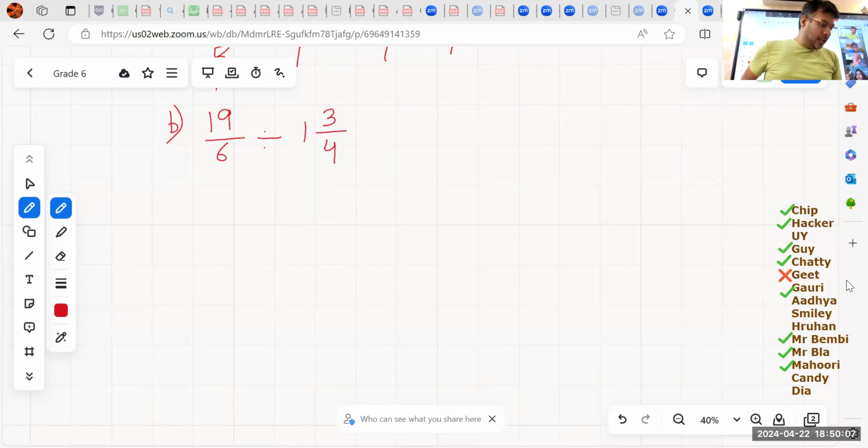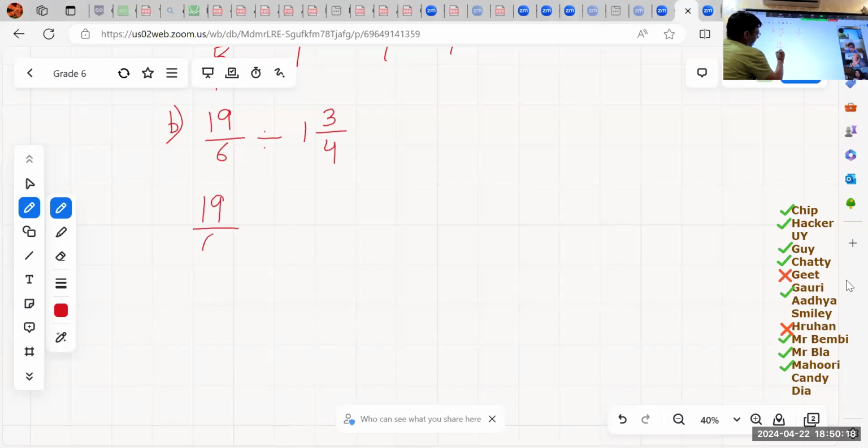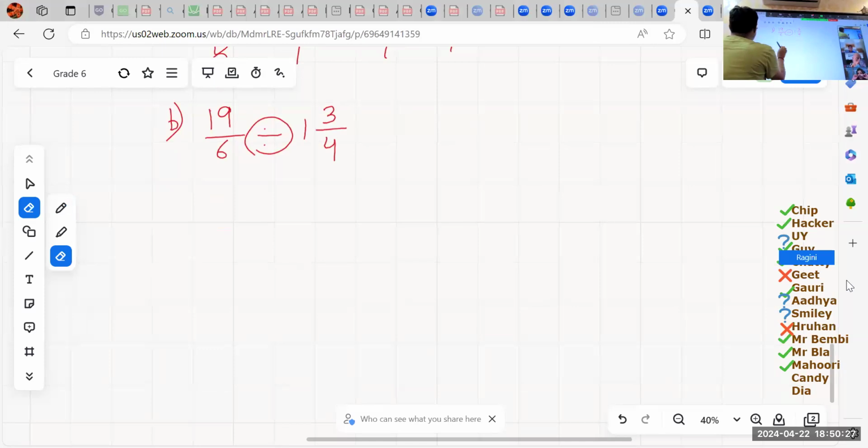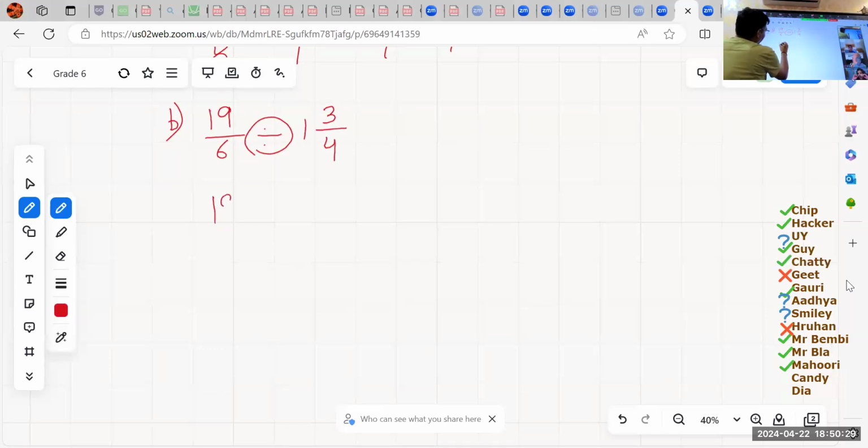So have I taught you the concept of absolute value? So it will be 19 by 6. Divide will change into multiply. Let me write the steps also so that we can understand better. 19 by 6 divided by 7 by 4.